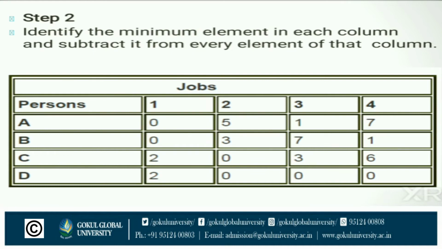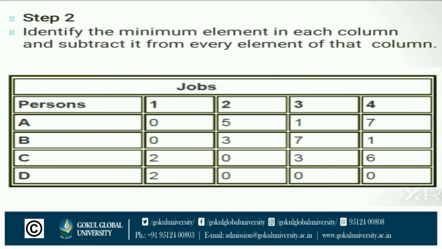Step number 2: identify the minimum element of each column and subtract it from every element of that column. Here in the first column there is a zero, so the smallest value is also 0. Then subtract 0, so the column stays 0, 0, 2, 2. Same for the second column.